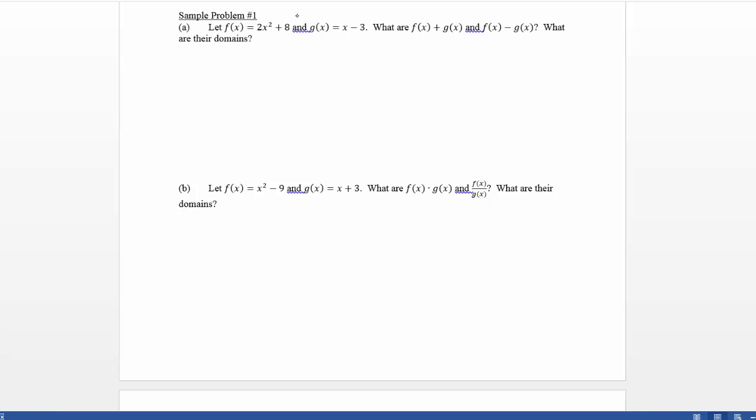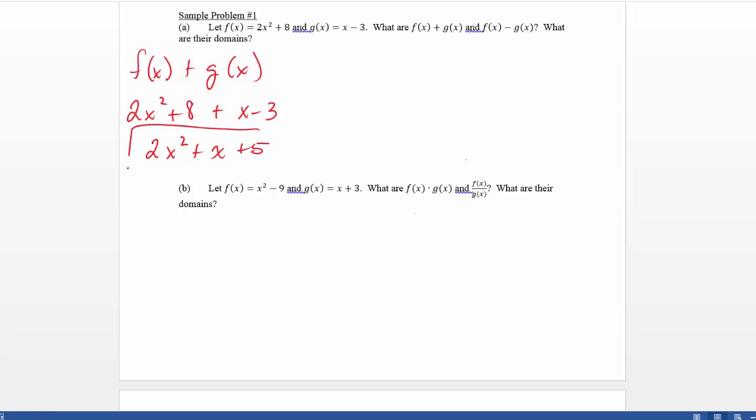I'll go ahead and get this started. We'll start with f of x plus g of x. Simply as it is, this is just a big substitution problem. So I'm going to replace f of x with the given function, and then replace g of x with its given function, and then combine all of the like terms, which leaves me 2x squared plus x plus 5.